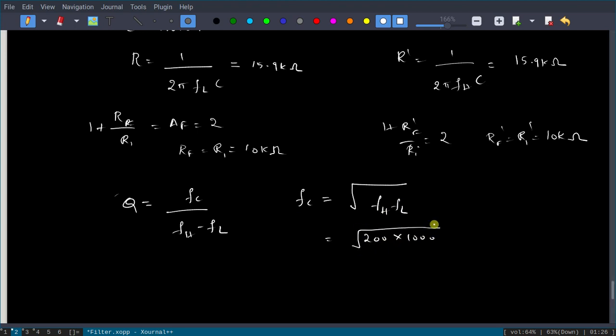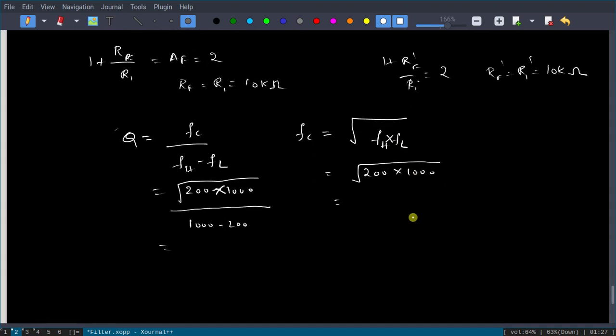You just find what FC is, and whatever value you get should be divided by 1000 minus 200. So this is nothing but the quality factor. You calculate this; I will give it as homework. This is the formula you should remember: FC is the square root of FH into FL.